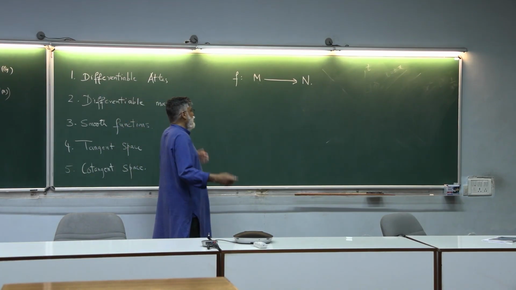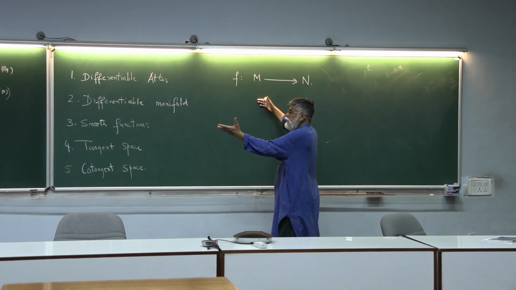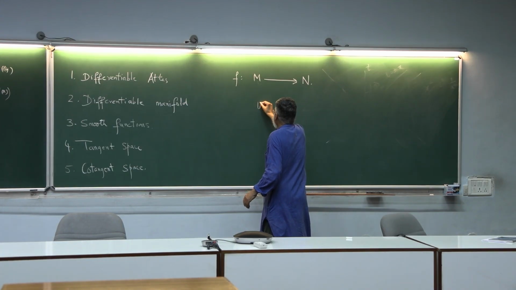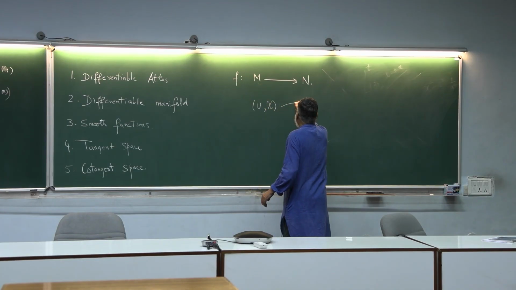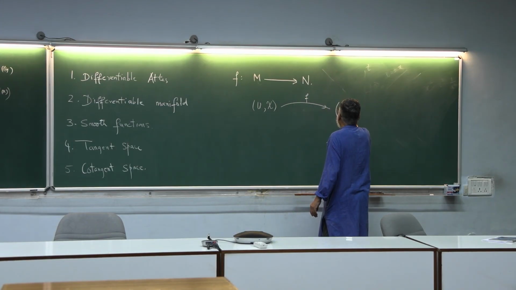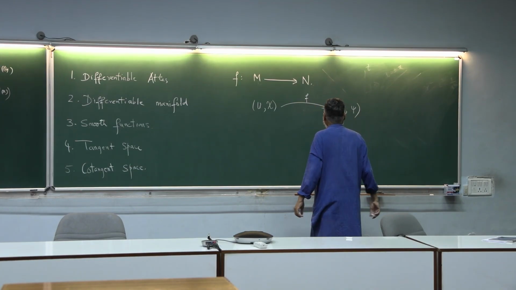So this continuous function f, when is it called a C infinity differentiable function? Again, remember, because these are differentiable manifolds, we can talk about what happens to the charts. In manifold M, let's say there's a chart on the open set U and the homeomorphism chi to Rn. This under f will go to an open set V belonging to the differentiable manifold N, and let's call the homeomorphism in N psi.